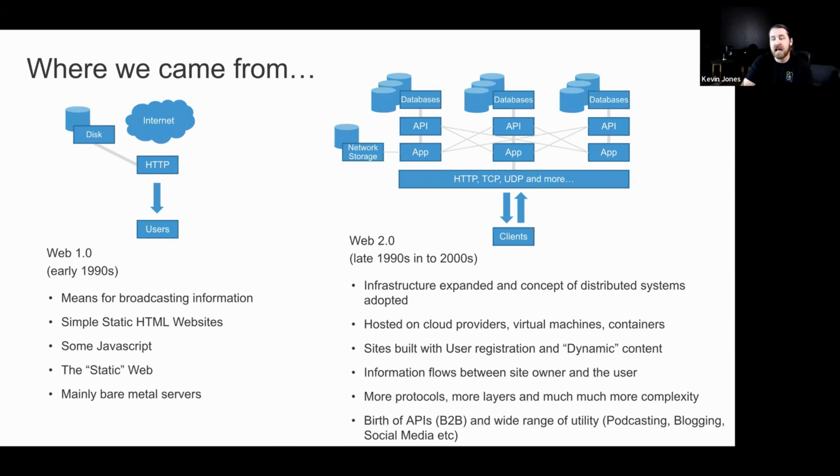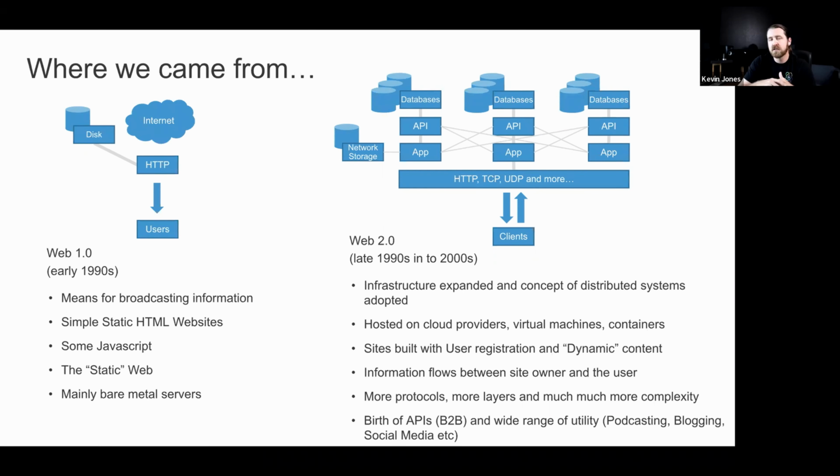It was less about static content and more about the user interacting with the site. Information flowed between the app and the user and back and forth. Usually all the data was stored on databases or in network storage, sitting behind company-owned infrastructure, right? Everything got more complex, with lots of protocols. This was the birth of APIs, a way for applications to talk to each other.